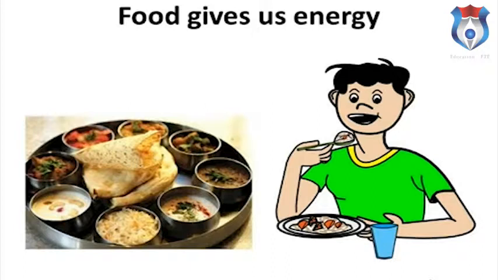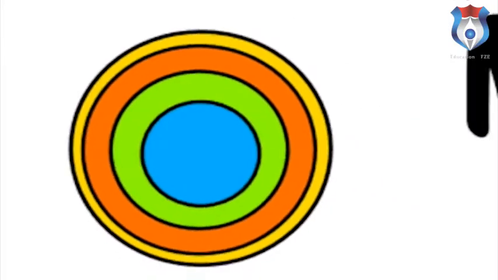We eat food that gives us energy to grow and work. Does the food we eat directly get utilized to provide energy, or is it processed or changed before it is ready to be used by our body? The food we eat is made of big and complex particles.